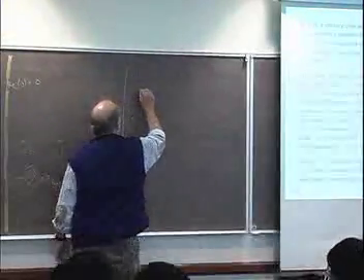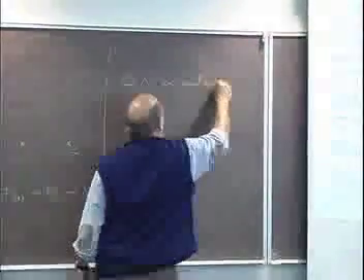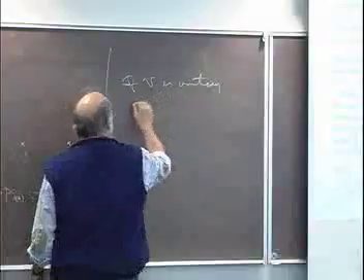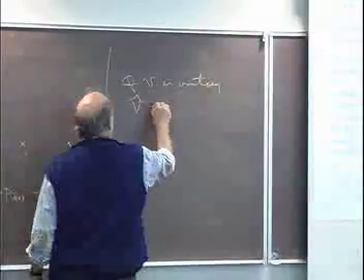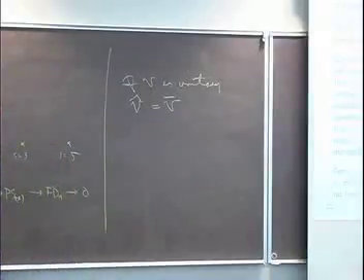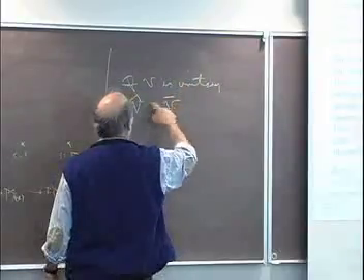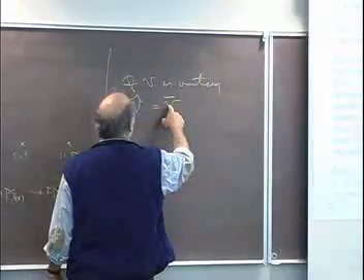So we have the following fact. If V is unitary, then that means that V dual is isomorphic to V conjugate. So that means I have a pairing between V and its dual conjugate. And so this means that I have this.